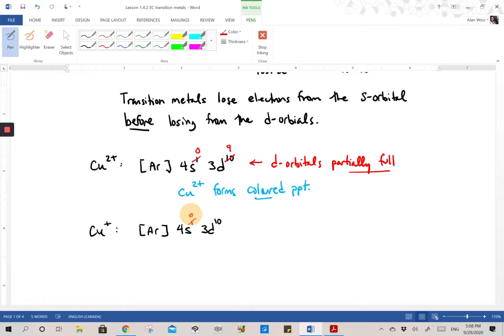There must have been enough ionization energy for it to lose that one electron. But when it loses that one electron, we notice that the d orbital remains full. So it's completely full. What we notice as a response is that when Cu+ forms precipitates, they have no color.